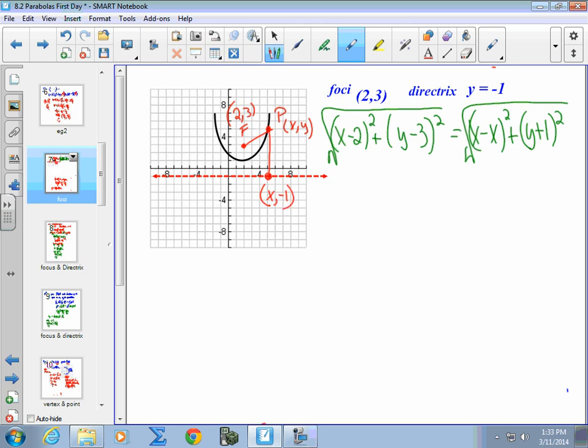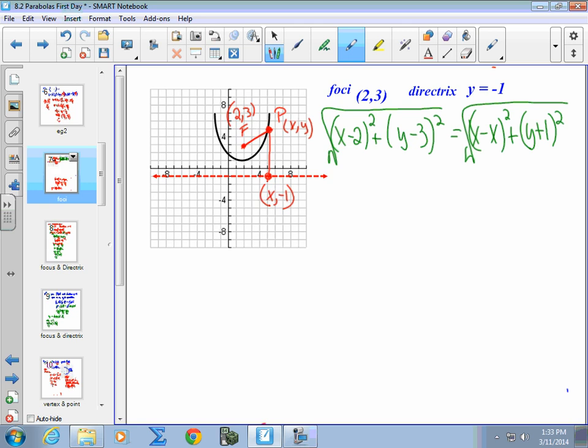I don't care what x is. They're the same x. So the distance formula says x minus 2 squared plus y minus 3 squared. The square root of that is the distance from here to here. The distance from here to here is the square root of x minus x squared plus y minus the minus 1 squared.